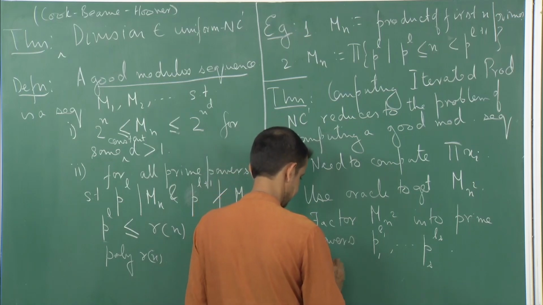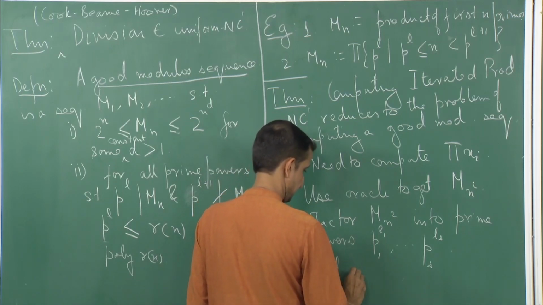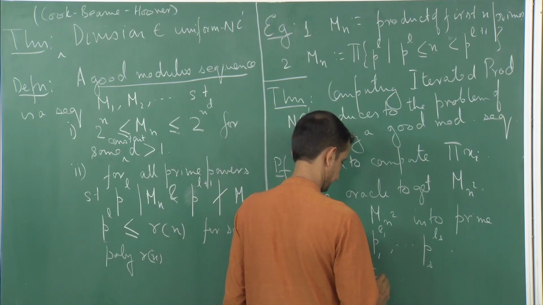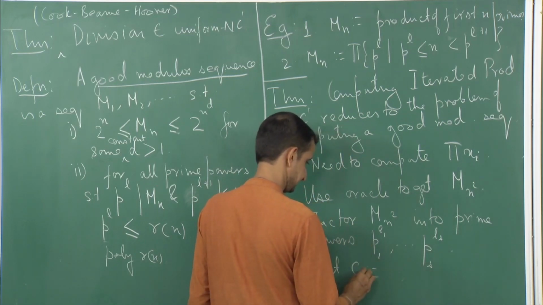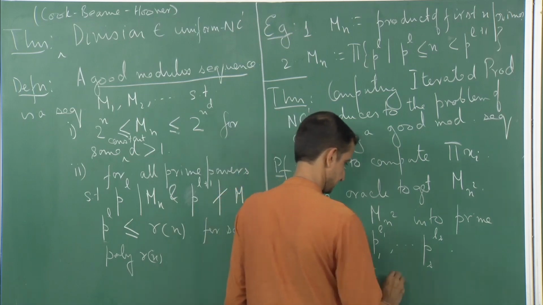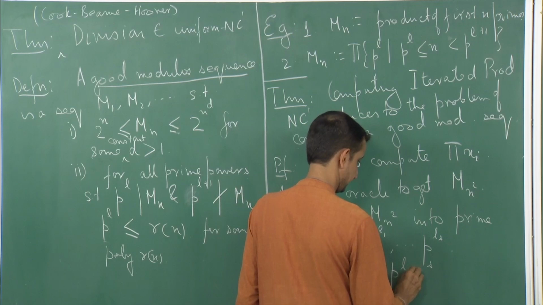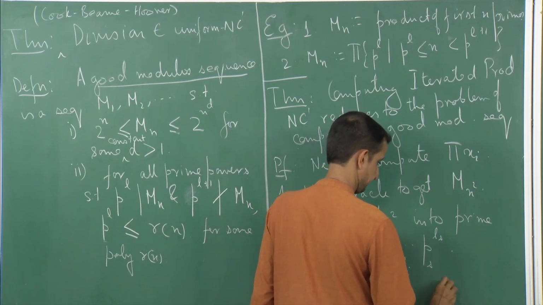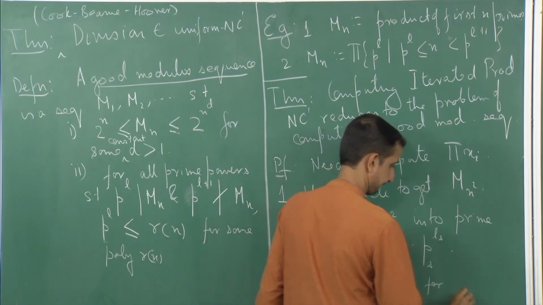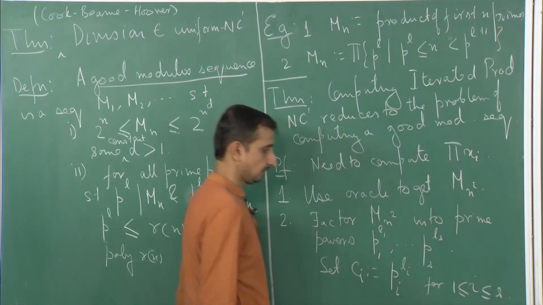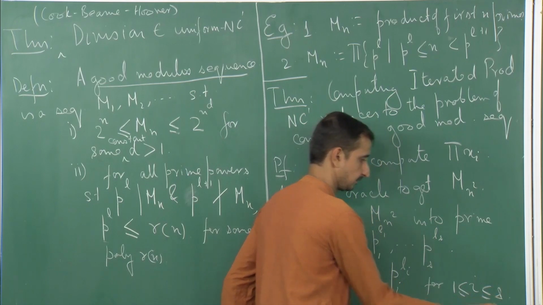And let us say I set Ci as Pi raised to the power Li, for i between 1 and s.